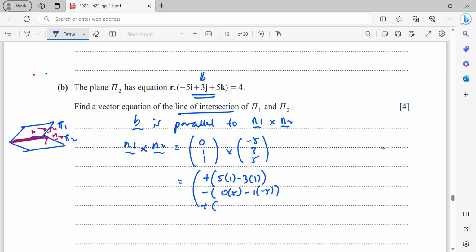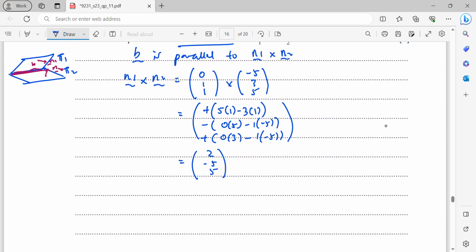Then plus, cover the last row, 0 times 3 minus 1 times negative 5. So from here, you will get 2, minus 5, 5. So my b is going to be 2, minus 5, 5.